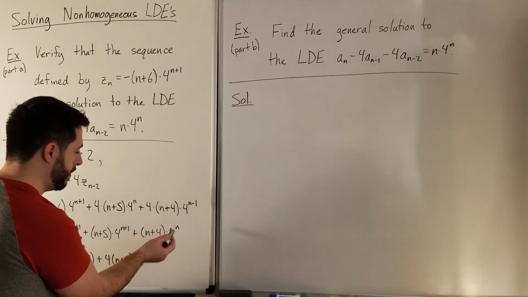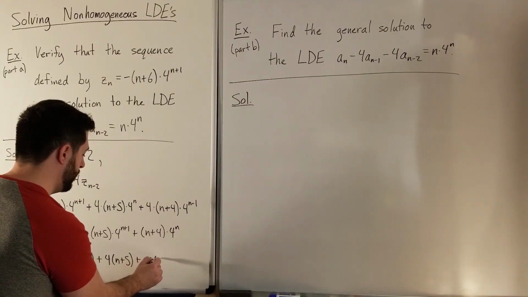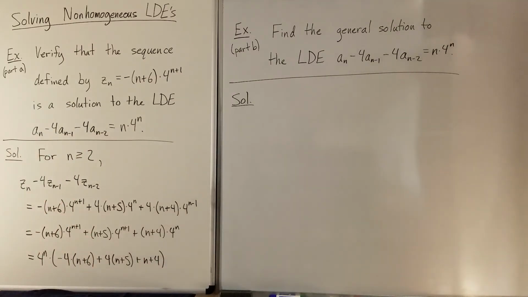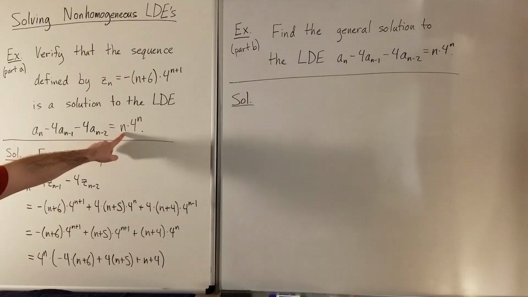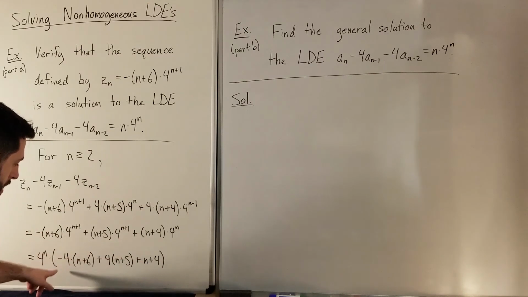And here we pulled out all the 4's, so we just have n plus 4. Alright, so we pulled out this 4 to the n. We're trying to verify that this is equal to n times 4 to the n. So here's our factor of 4 to the n. Hopefully this parentheses here is equal to n.